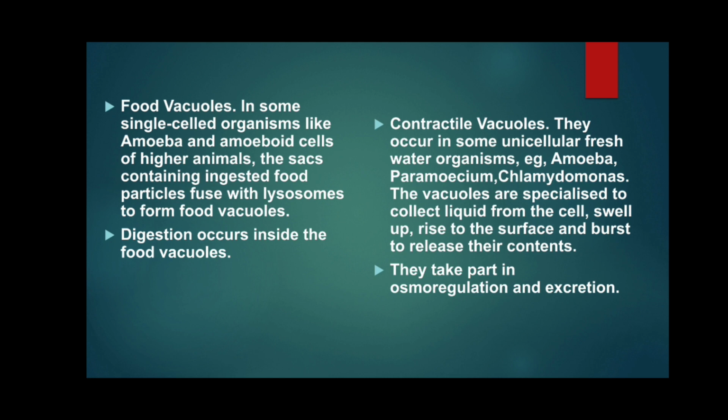And these vacuoles have the ability to collect liquid from the cell, swell up, and sometimes they burst also to release their contents. These vacuoles help in the regulation of water and maintaining the quantity of water inside the cell. They also help in excretion, removal of the waste material from the cell.